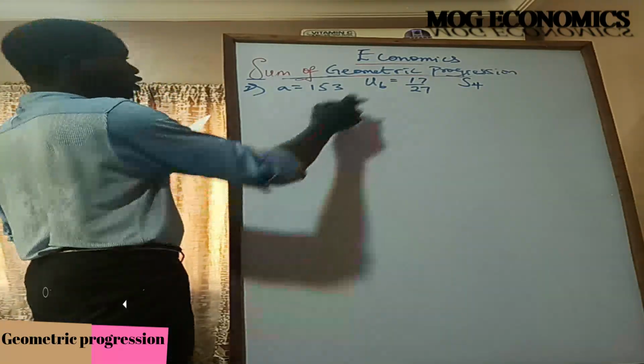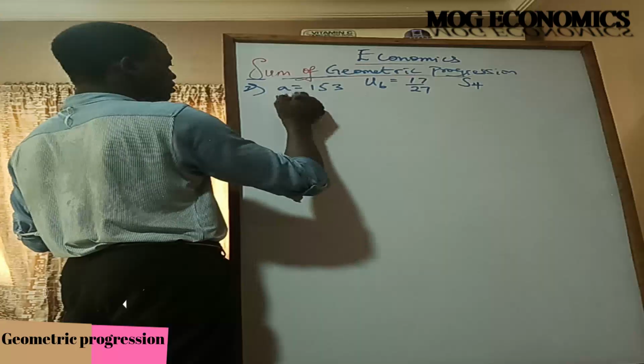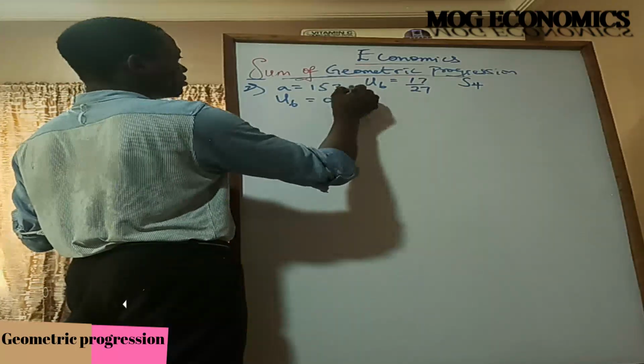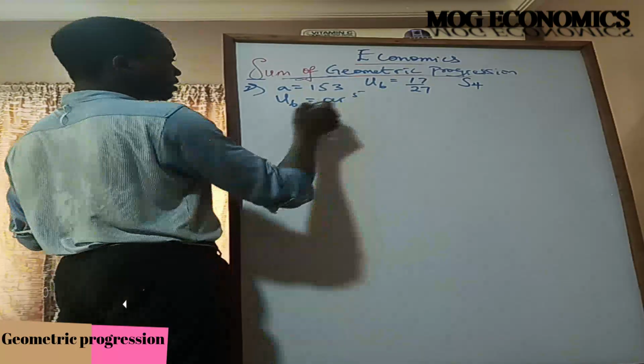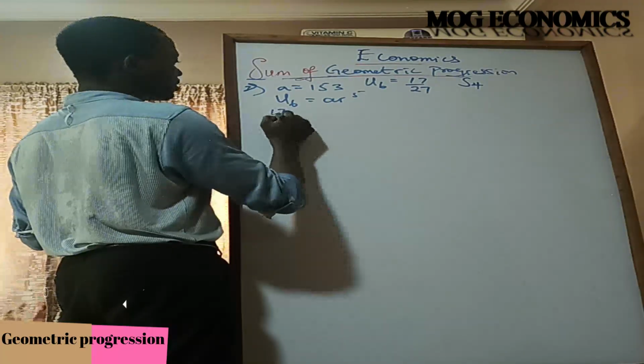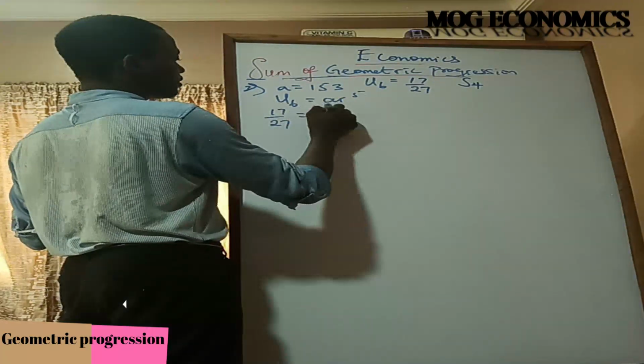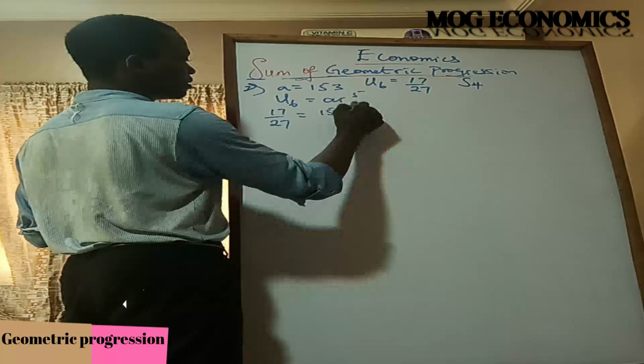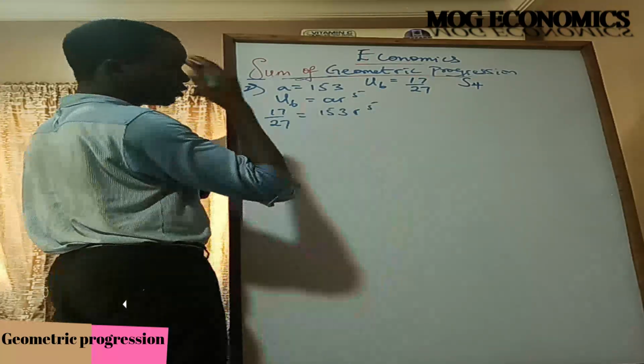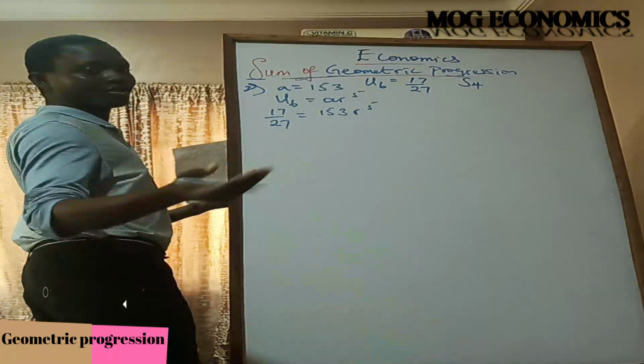Okay. So for U6, we know U6 is going to be equal to ar^5, right? So U6 has been given as 17 over 27. a is 153, then r^5. So let's try to get our r because we need that in our sum.